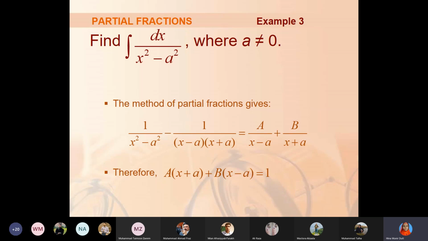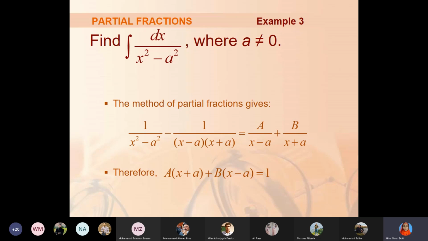Now you can use the shortcut method in this question to determine the unknowns capital A and capital B. And remember that you have a constant small a in your question, means your constant unknowns will be expressed in terms of small a.